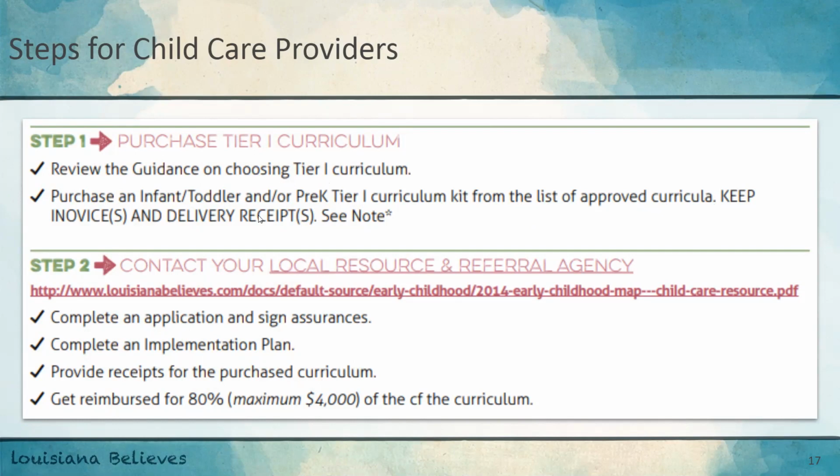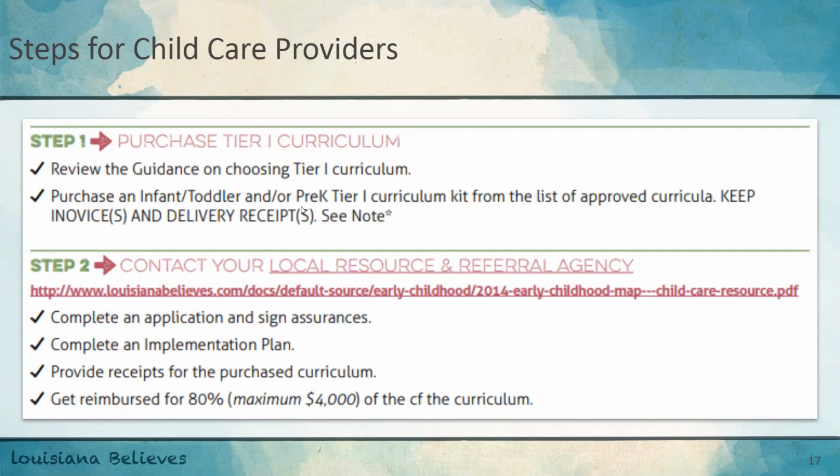Keep all invoices and delivery receipts. After the curriculum is purchased, contact the local resource and referral agency, and they would complete the application and sign the assurances. They would complete an implementation plan and provide receipts for the purchased curriculum, as well as the invoice and delivery receipts.